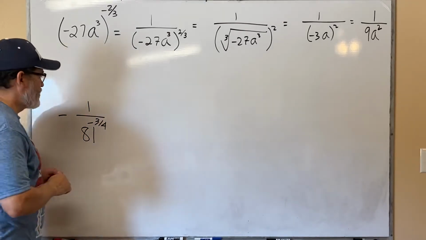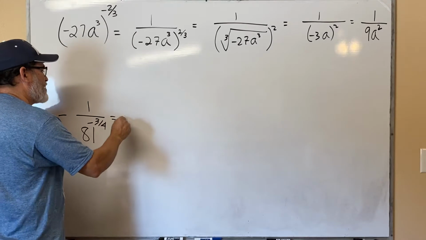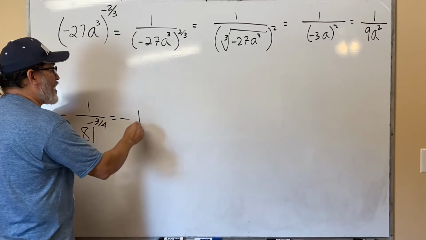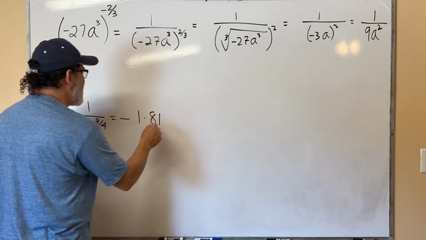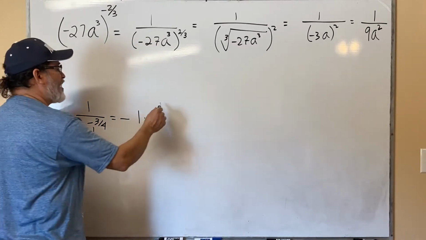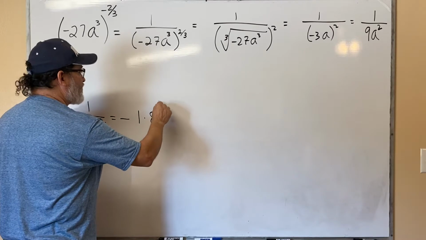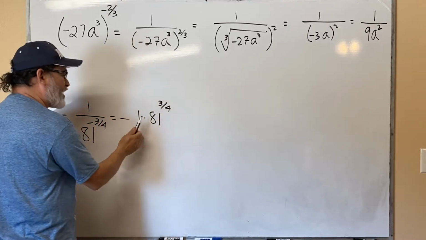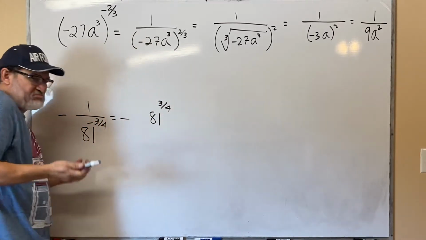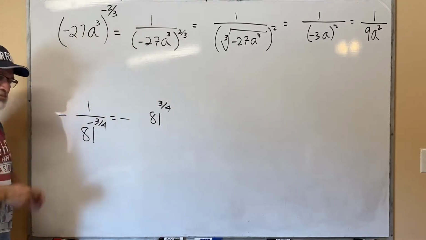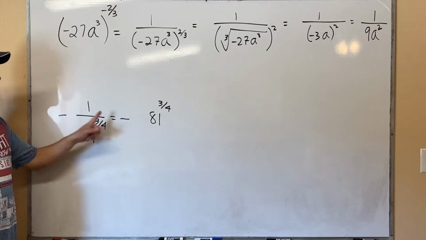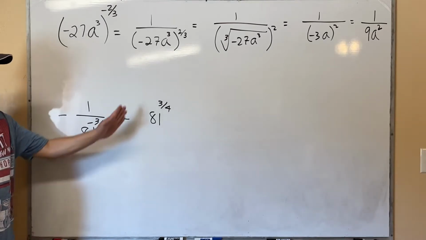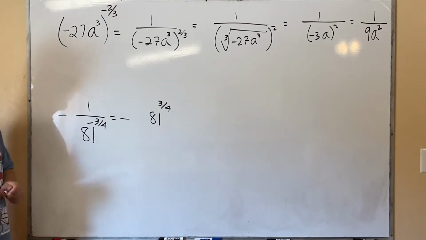So this becomes the following: negative, 1 times 81 raised to the positive 3/4. Now 1 you don't have to show. Okay, it became positive. The negative remains.